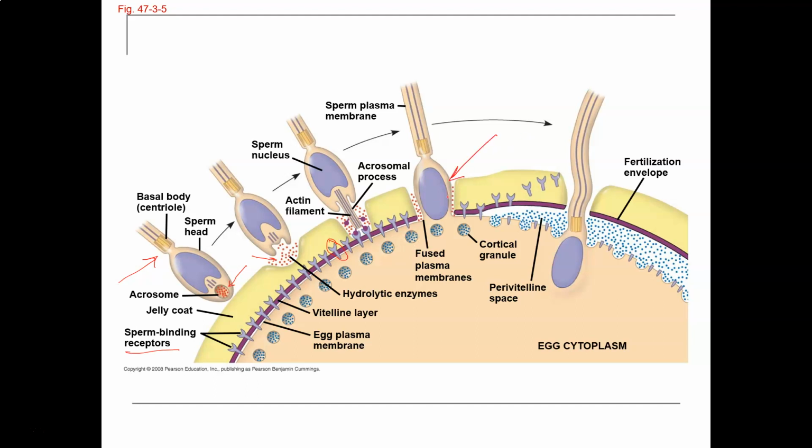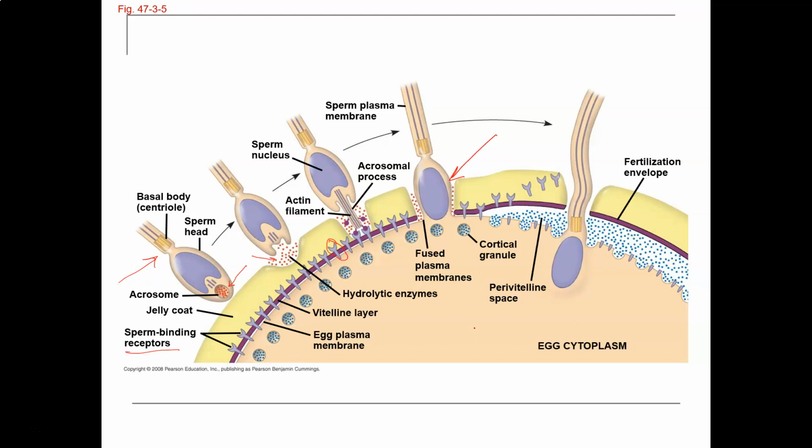It's the fusion of the egg and the sperm cell, and once that happens, there's another important process that's shown here, and that is that the other sperm, of which there are going to be many around the egg, need to be kept out once the first sperm fuses with the egg, because you don't want multiple sperm bringing DNA, chromosomes, into the egg.